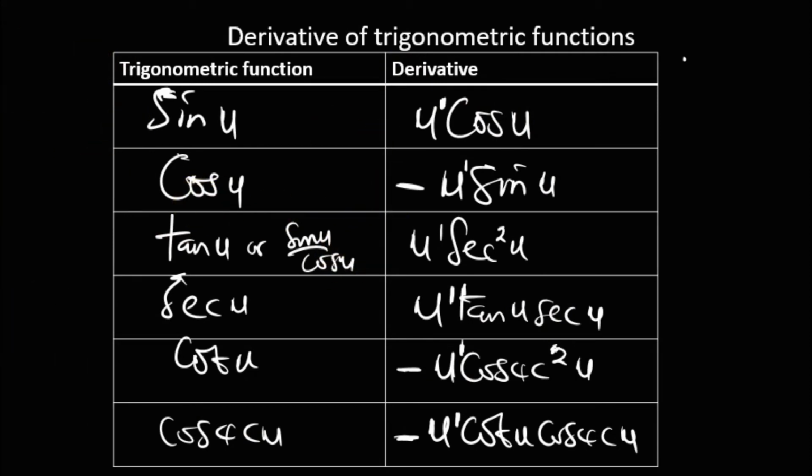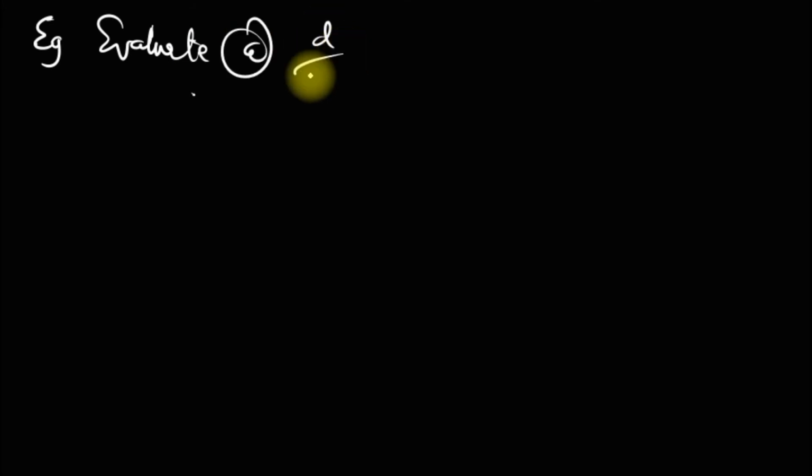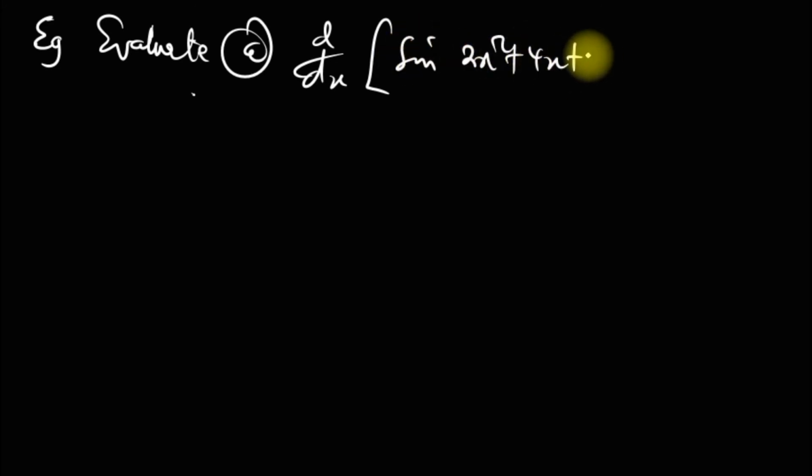So let me just use a simple example to illustrate this. We have an example. If you are asked to evaluate the derivative of maybe sine of 2x squared plus 4x plus 5.